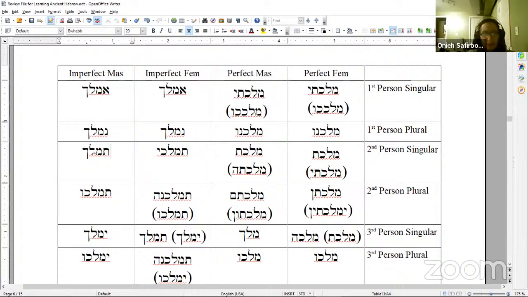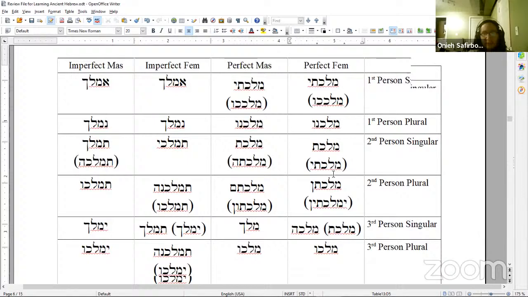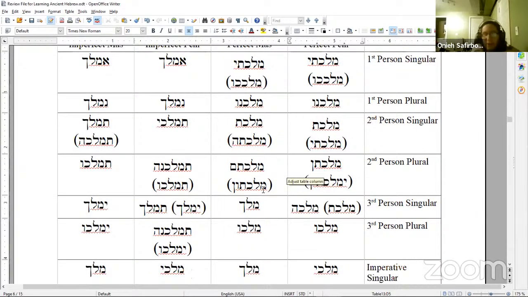So let's do this. And then we have the un form originally and the een form, but in Biblical Hebrew it's tham and thin.